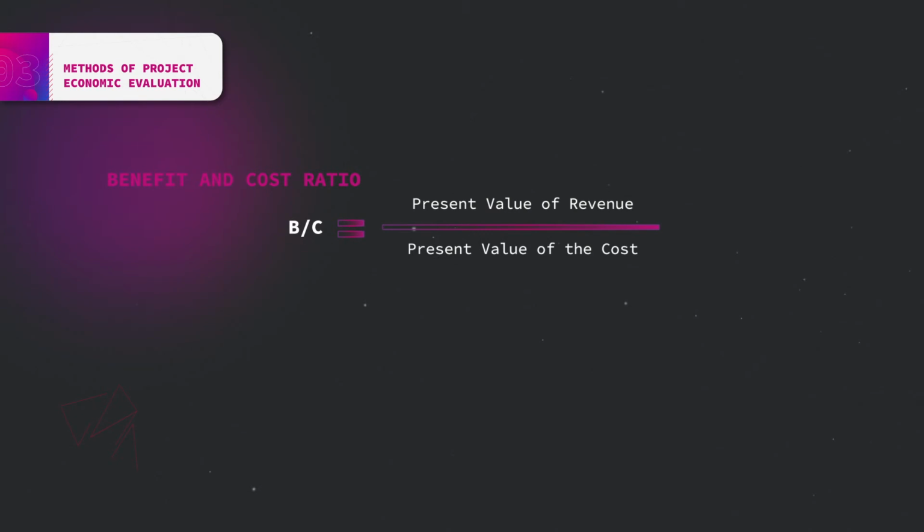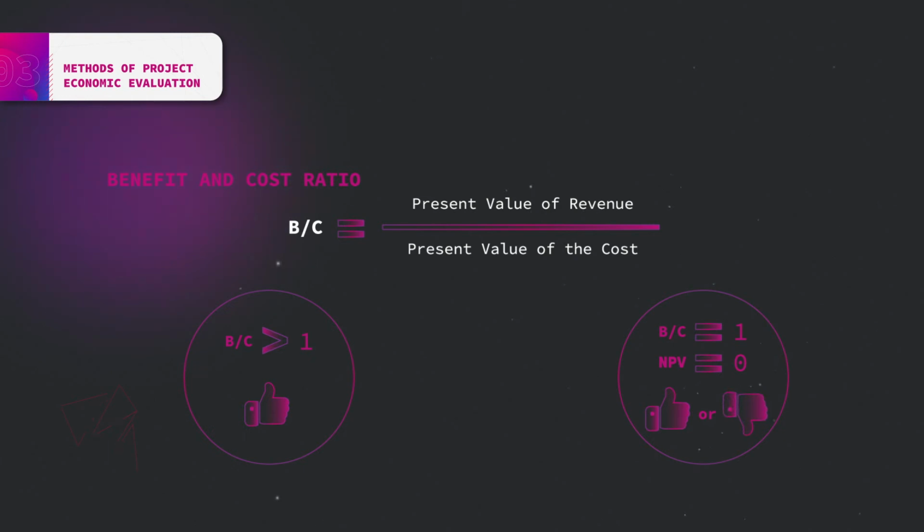Benefit and cost ratio, B&C, can be used to determine the ratio between the present value of revenue and the present value of the cost. The project should be accepted if B&C is greater than 1. B&C equal to 1 shows that the cost equals the benefits. In this case, the ratio indicates that NPV is equal to 0.